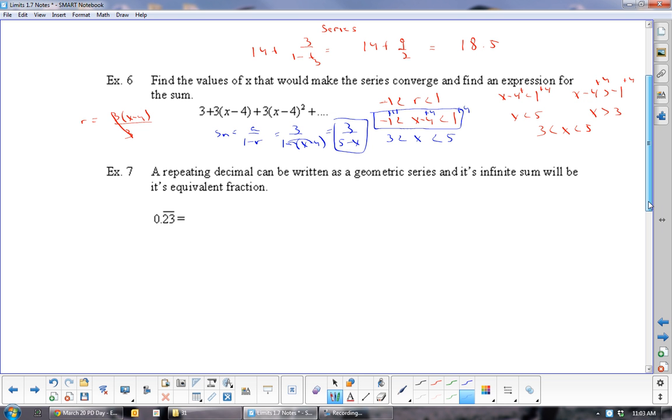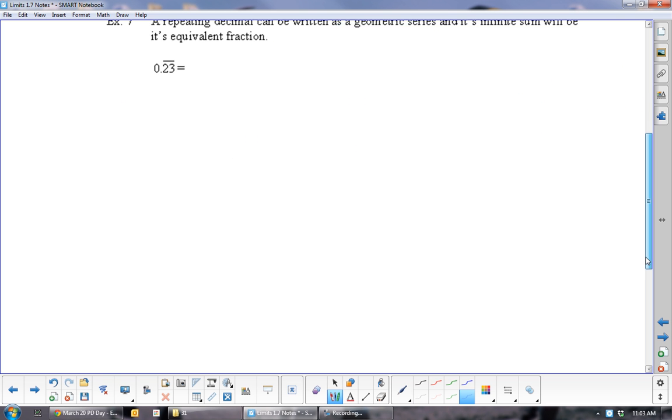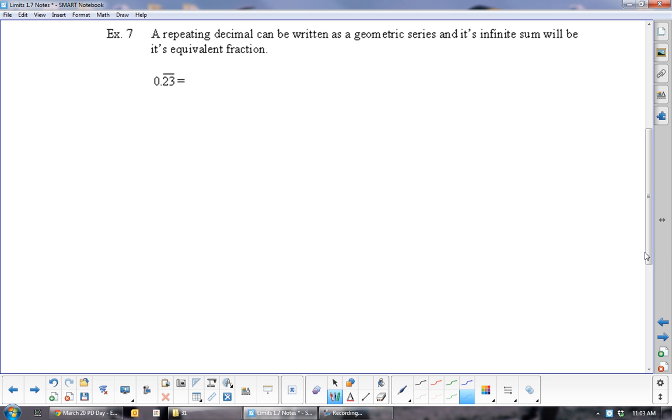Now this one asks to find the expression for the sum. Now this you have done as well. But it says write this as a geometric series. Now, this is 0.23 plus 0.0023 plus 0.000023 dot dot dot.